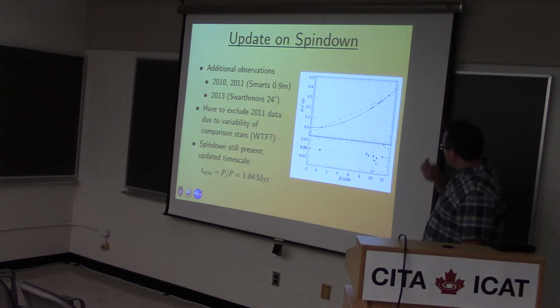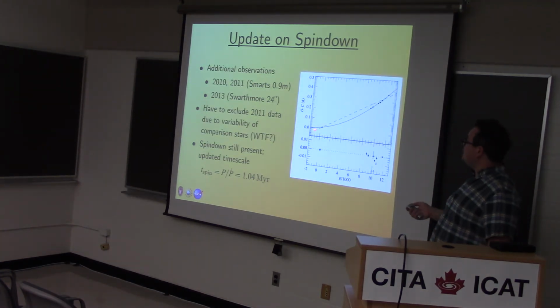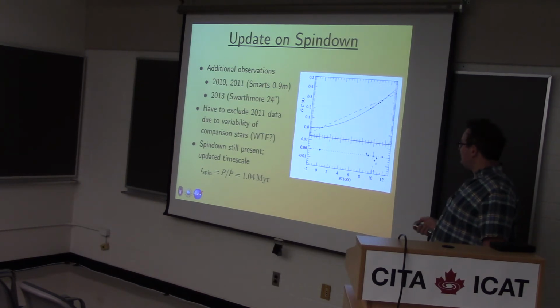However, since the original result was published, I've gone out with collaborators and got more observations and added to the OC diagram. I had to exclude some of the data because all of the comparison stars got half a magnitude brighter. Well, not all of them.